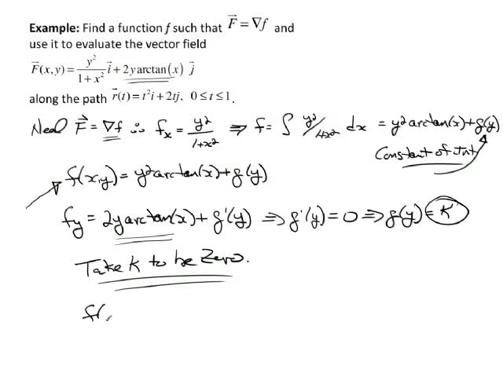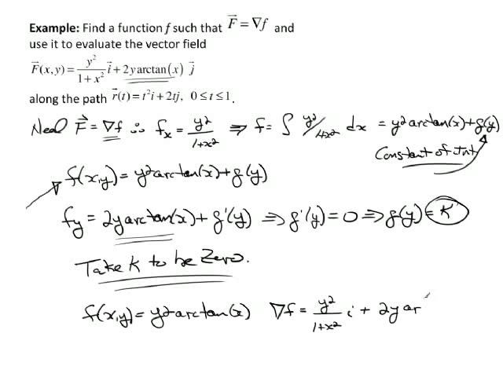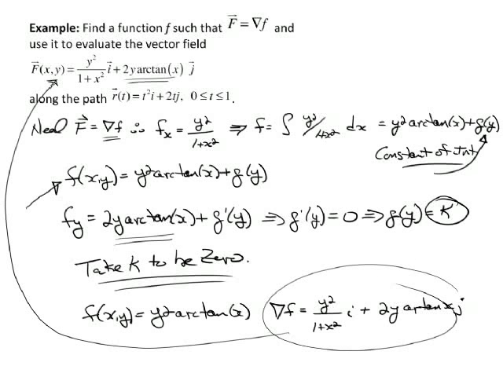I know f of x, y is y squared arctan of x. And sure enough, the gradient of f equals the partial with respect to x, which is y squared over 1 plus x squared i, plus the partial with respect to y, which is 2y arctan x j. And this is exactly my vector field.